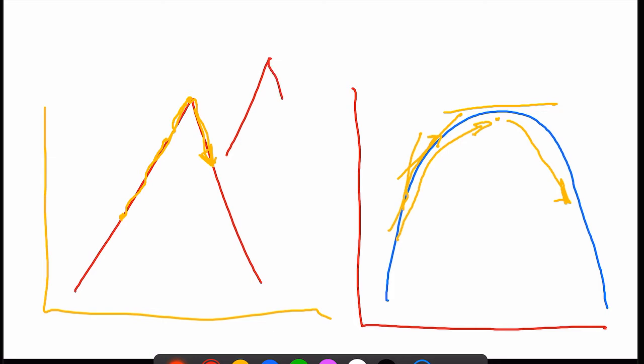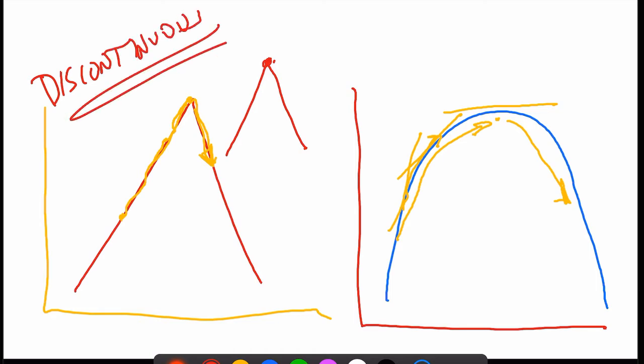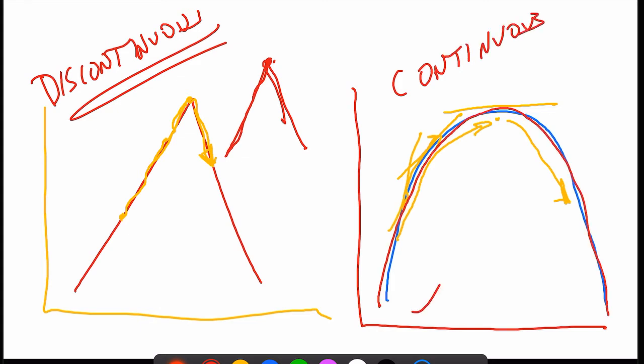This guy is discontinuous, because when I get here, I just change. This one is continuous because I can just write up, all right?